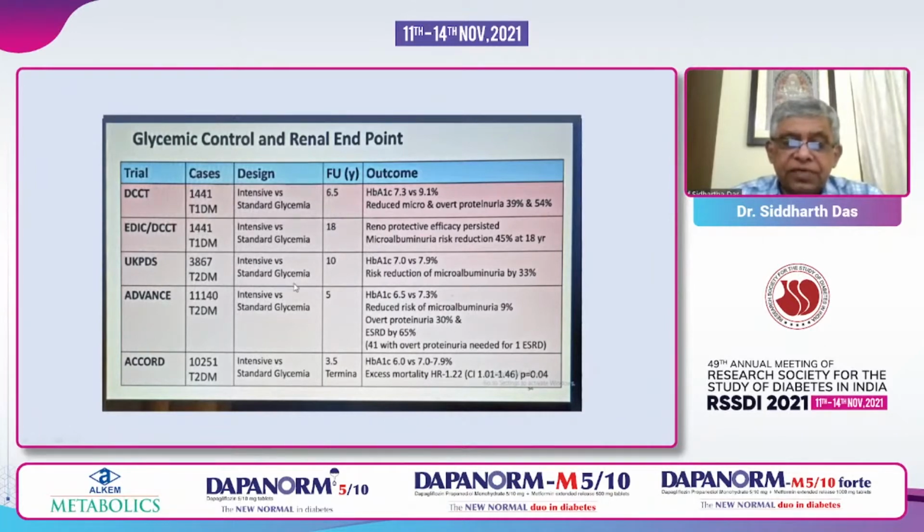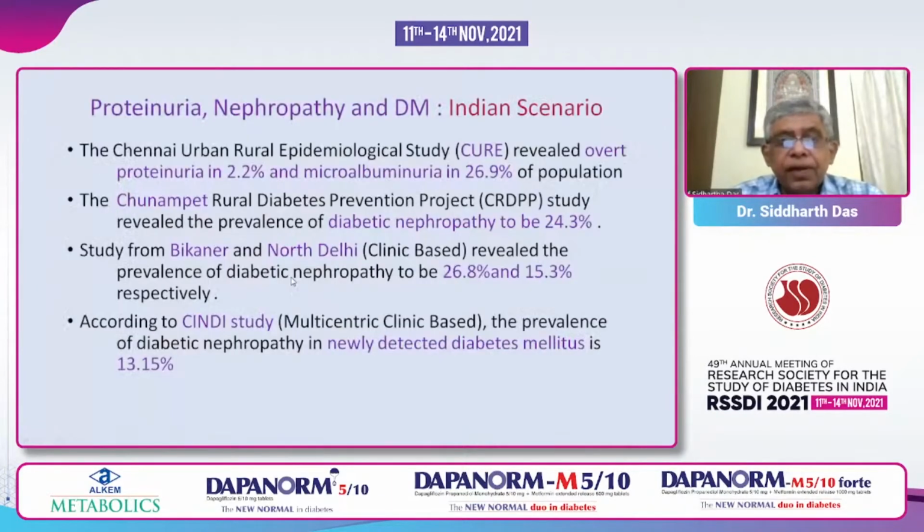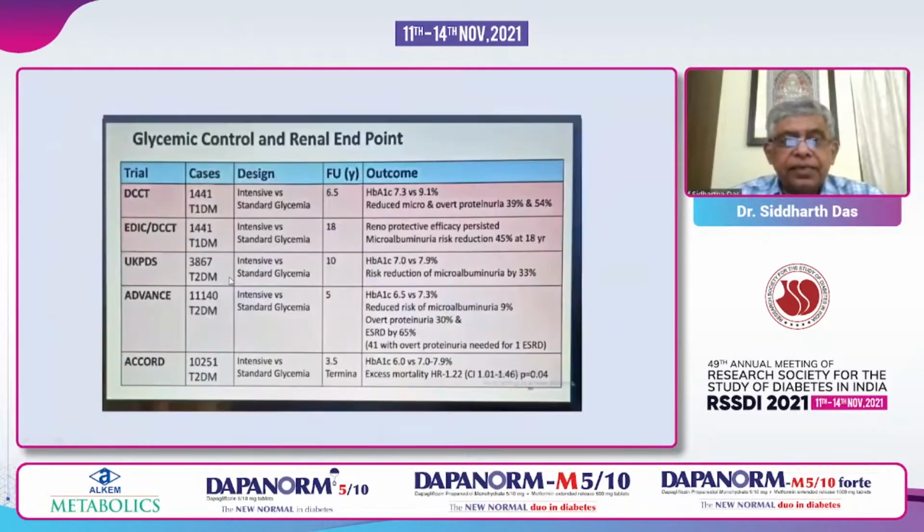UKPDS showed intensive versus standard glycemia, again with HbA1c 7 versus 7.9, with risk reduction in microalbuminuria. ADVANCE also came with similar results. And thus it is clear that in albuminuric diabetic nephropathy, tight glycemic control definitely helps in bringing down microalbuminuria or macroalbuminuria.